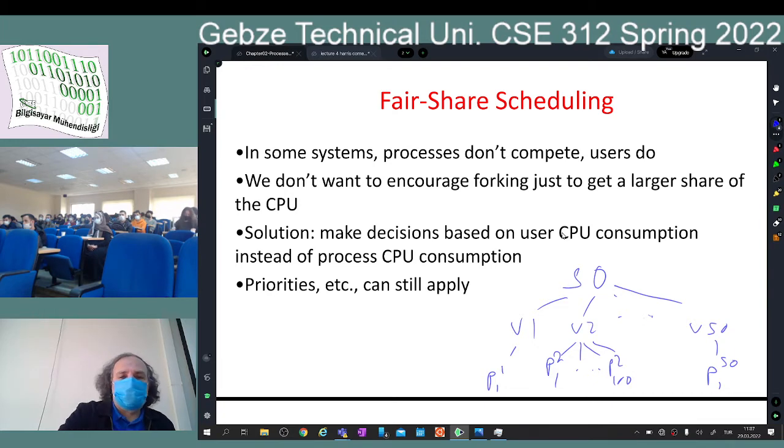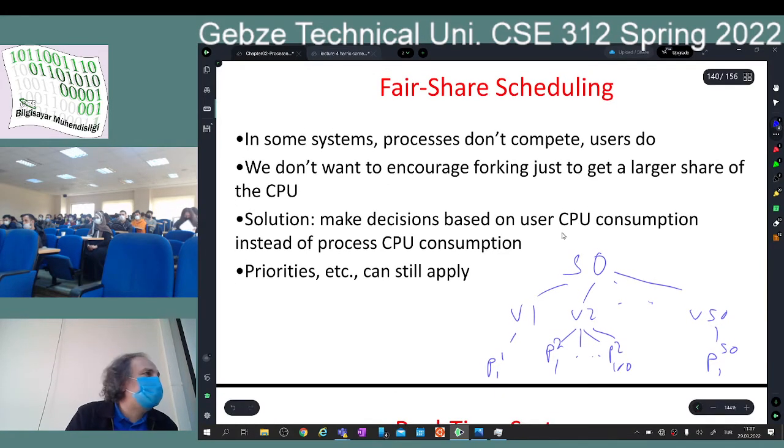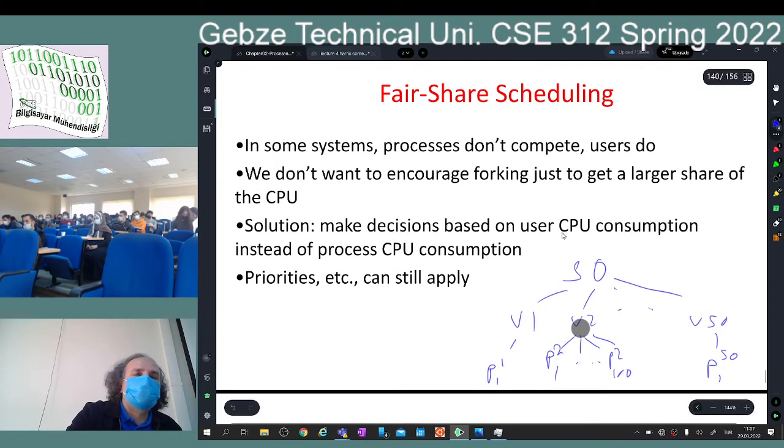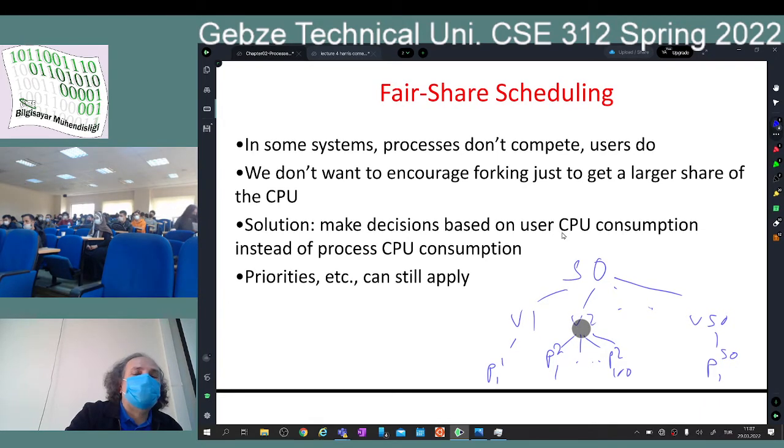That means that this guy is going to take more than half of the CPU, right? User number 2. I don't like it. So the solution is to make decisions based on the CPU consumption of the user. Between the users, for user number 2 it is using half of the CPU time. In fact, it should use 1/50 of the CPU time.